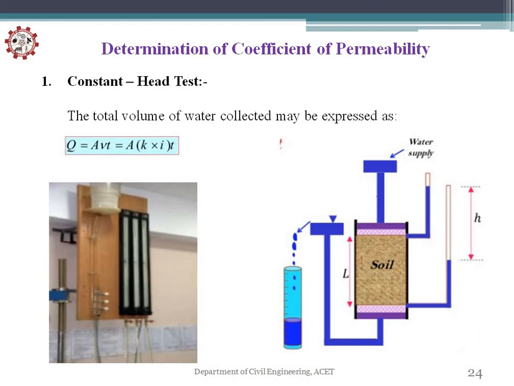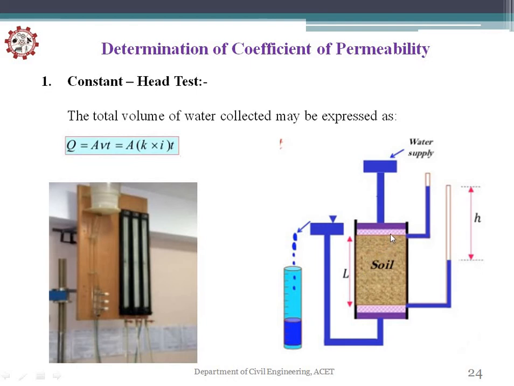Q is the discharge. This is a photograph of the instrument. This is the overhead cabinet. These are the scales and tubes attached here, and from here pipes are attached and the sample is nearer down, and from that the permeability test is conducted. There is a soil sample in the center.